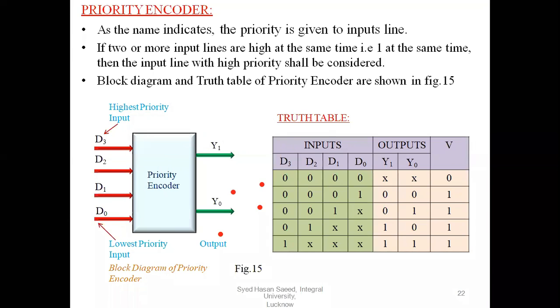So this is the valid bit indicator. When one or more inputs are 1, the valid bit is 1. When all inputs are 0, the valid bit is 0.